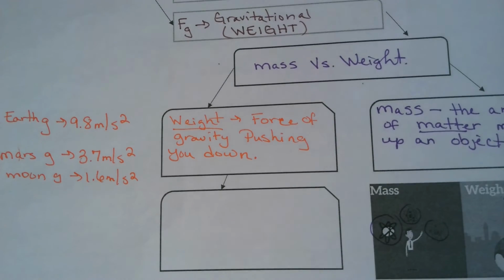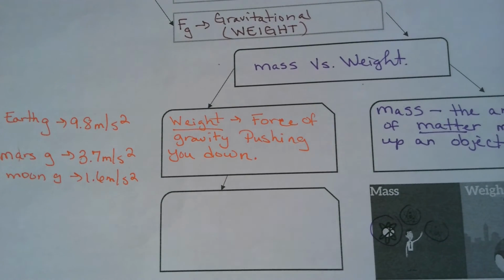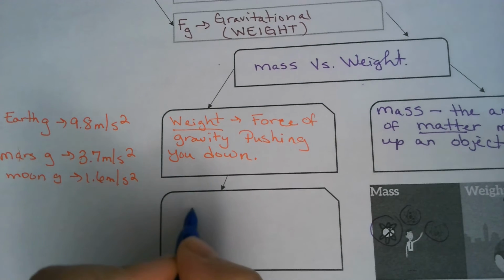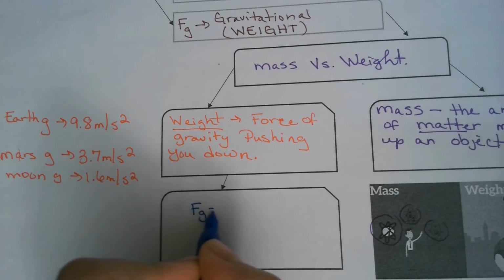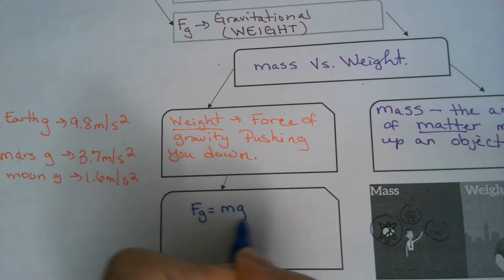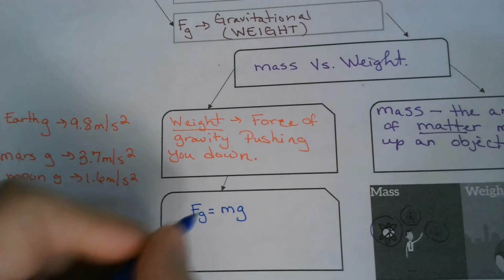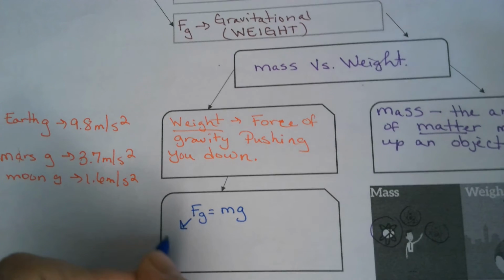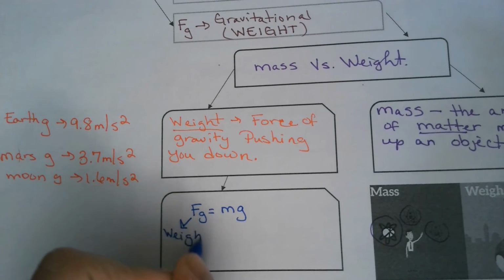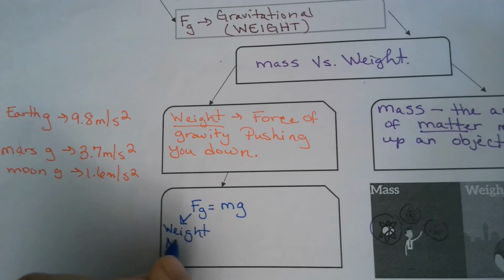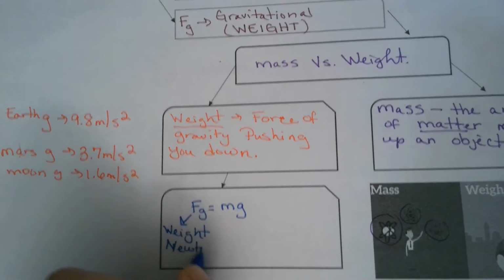This was once calculated very simply using an equation and knowing the radius of the Earth. We're not going to get into those equations. I don't even know if Honors does them anymore, but they're equations that we're not going to worry about at this point. But I am going to give you the equation that you're going to use to solve for Fg. So Fg equals mg. And I'm going to create a little tree for myself to remind myself that this Fg is the weight and that the unit for this is newtons.